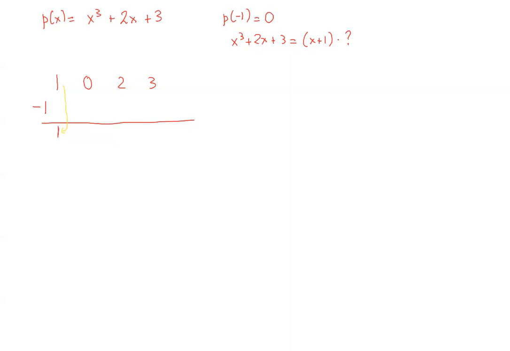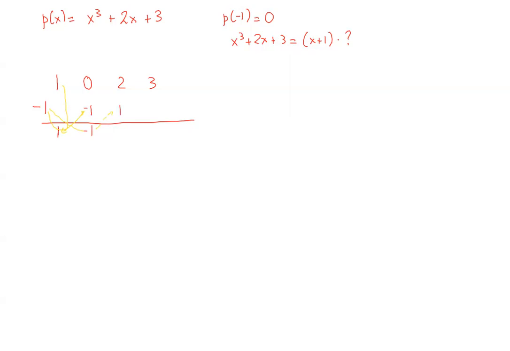And your second move is to multiply these two and put the number right there, which gives you what? -1 times 1 is -1. So you add now 0 and -1, and that gives you -1. Now you multiply again. So now you're going to multiply these two and put the result right there. So you will have -1 times -1 is 1.